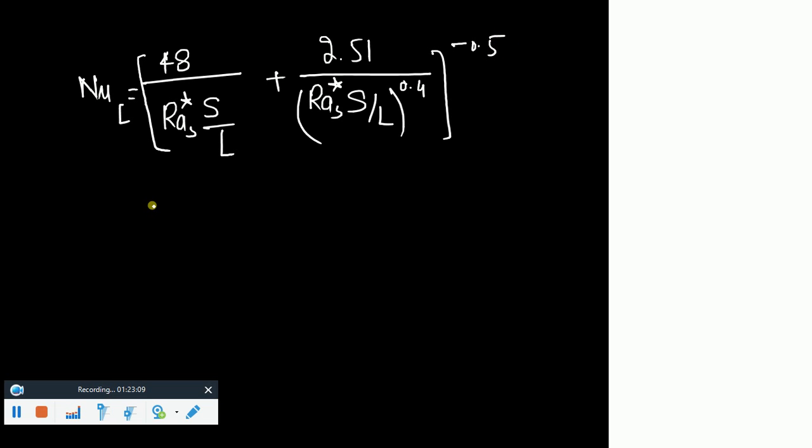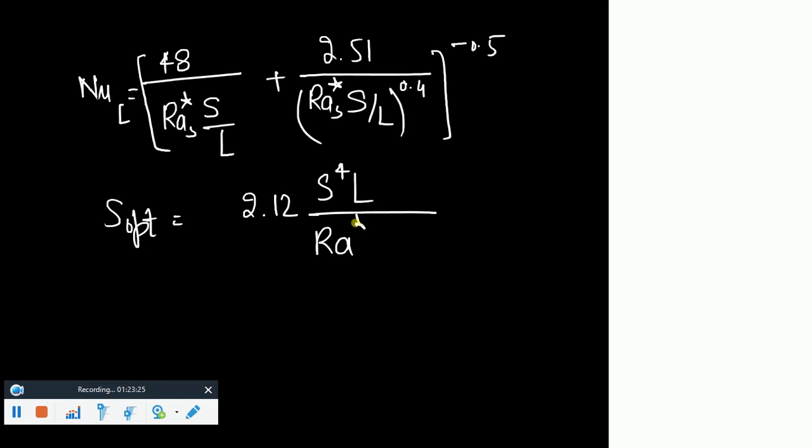And in this case, optimum spacing could be found out by the relationship S optimum over L equals 2.12 over this thing.